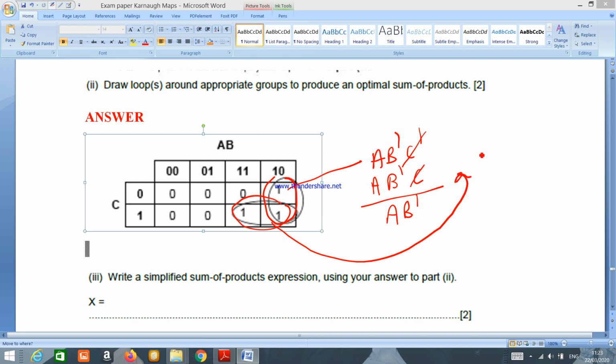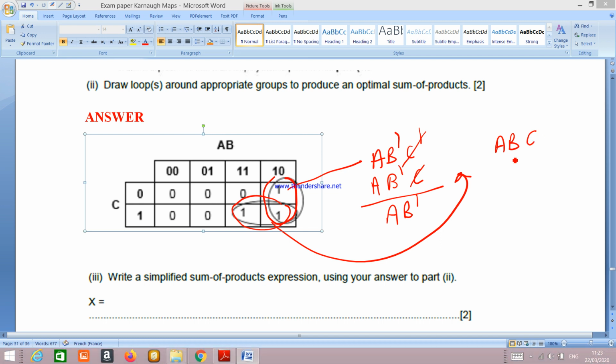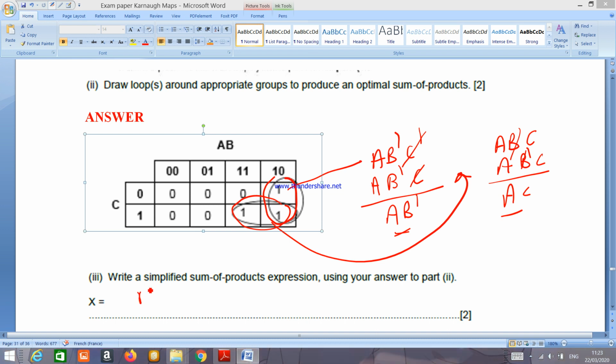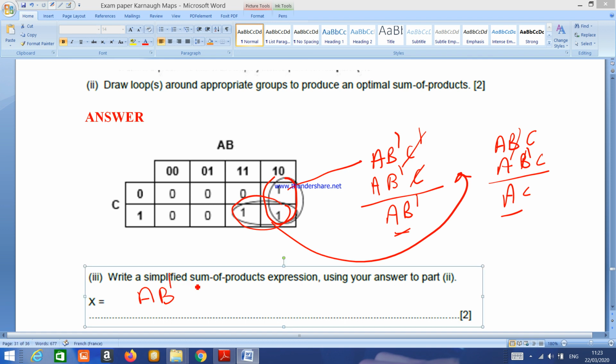Now the second group is A, B and then C, then you have A, B dash, and then you have C. So B cancels, you get AC. So these are the two terms that we are supposed to get. If we work it out, X is equal to A B dash plus AC. Now let's try something else.